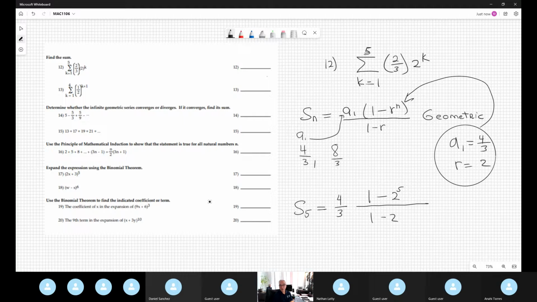Easy. 4/3. 2 to the 5th power is 32, negative, plus 1 is negative 31. And 1 minus 2 is negative 1. Negative divided by negative is positive. So the answer is 4 times 31 divided by 3, which is 124 divided by 3. It's the answer.